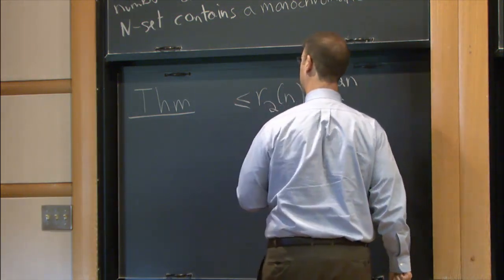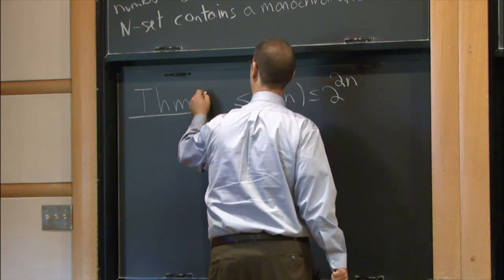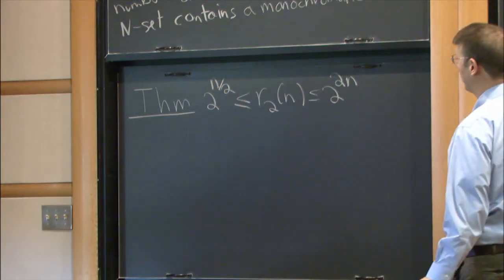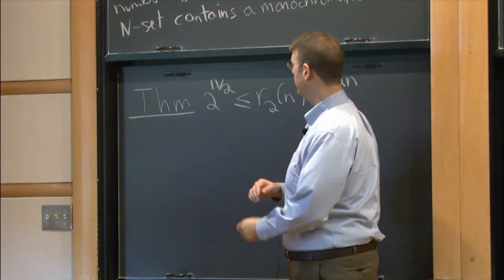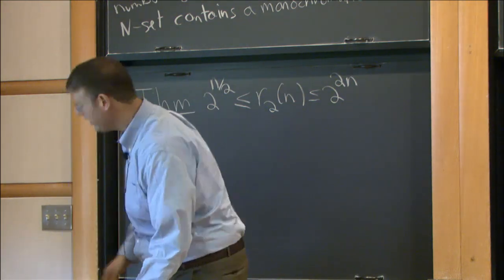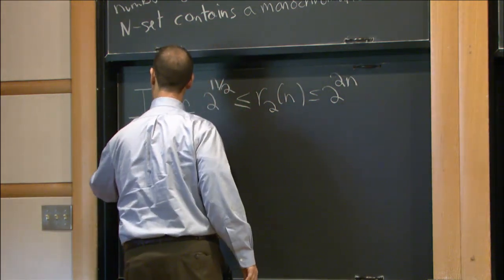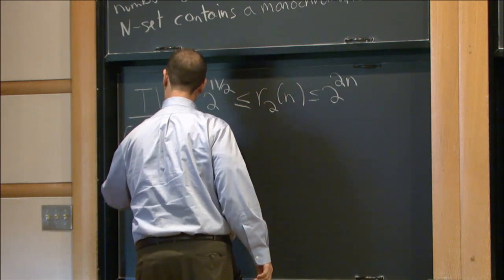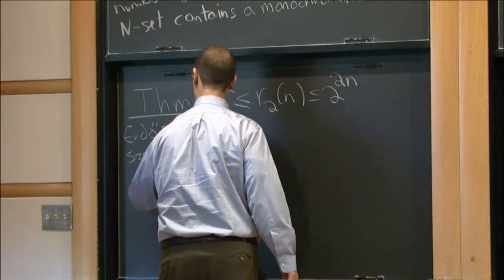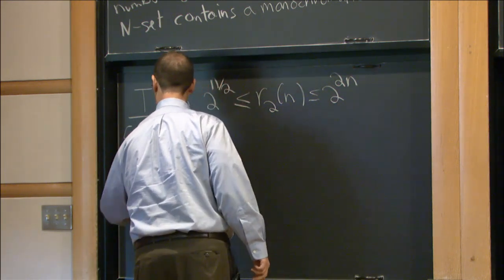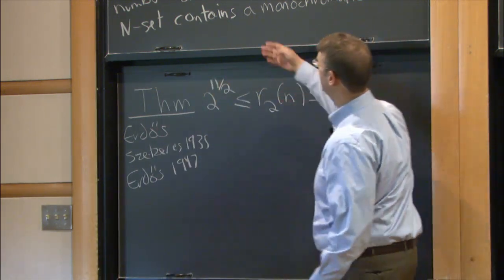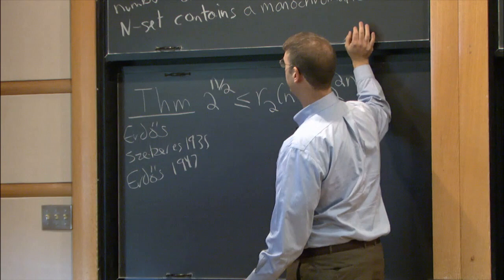And the lower bound is a very influential proof of Paul Erdős from 1947 using the probabilistic method. The upper bound is from Erdős and Szekeres in 1935, and Erdős gave this lower bound in 1947. The fact that these numbers even exist was proved by Ramsey in 1930.